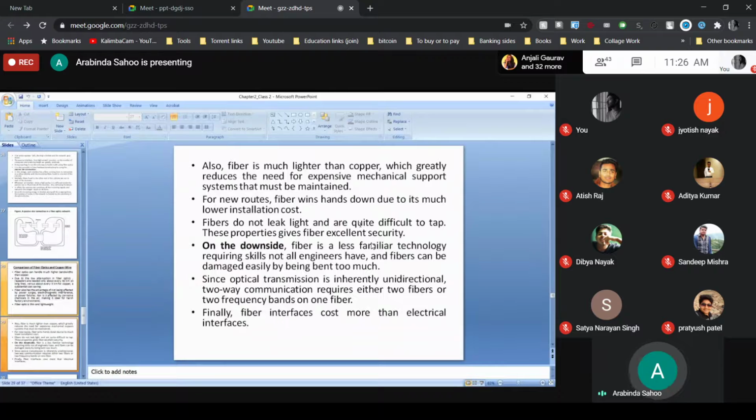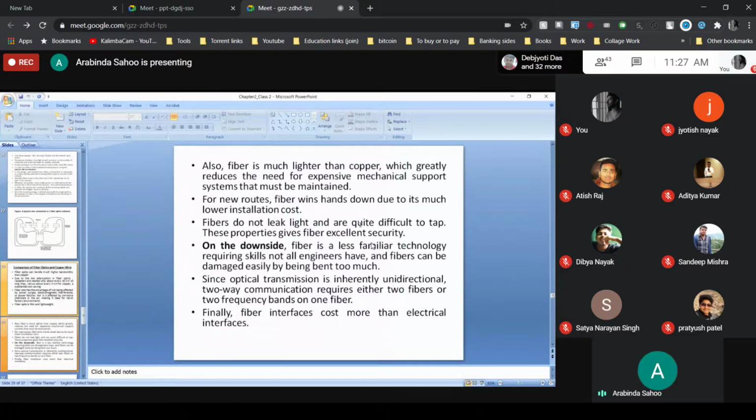So what are the disadvantages associated with your fiber optics as compared to your copper wire? Fiber is a less familiar technology requiring skill, so not all engineers have it, and fiber can be damaged easily by being bent too much. These are the two disadvantages.